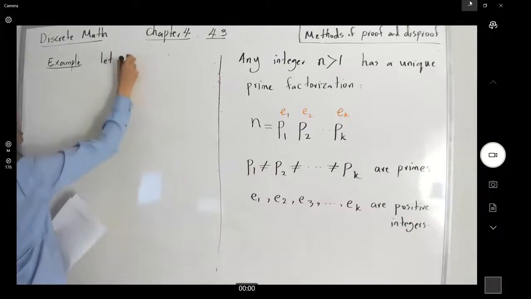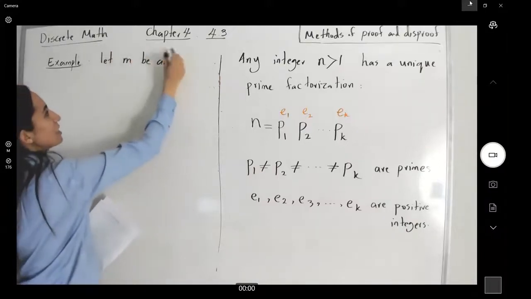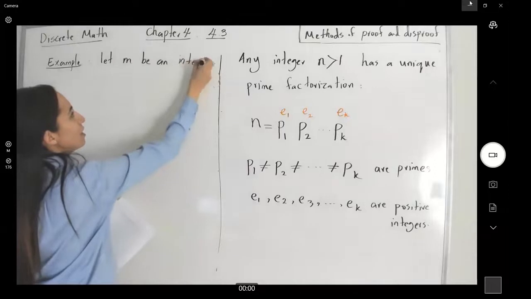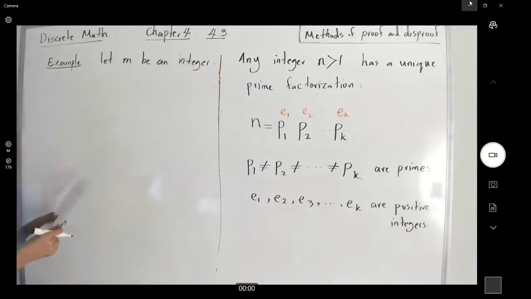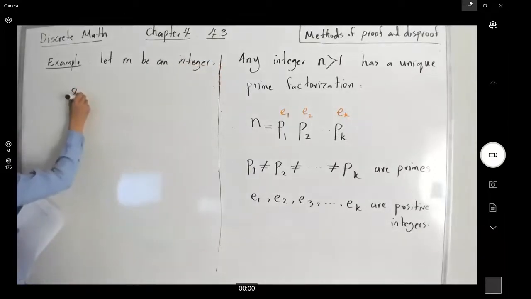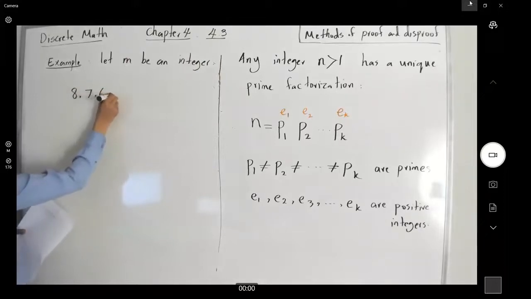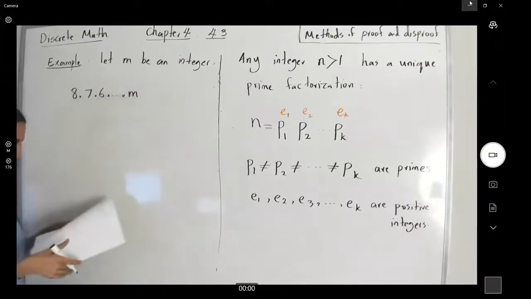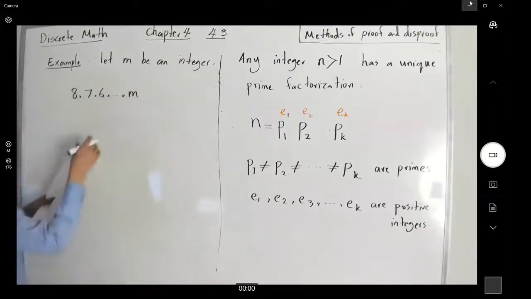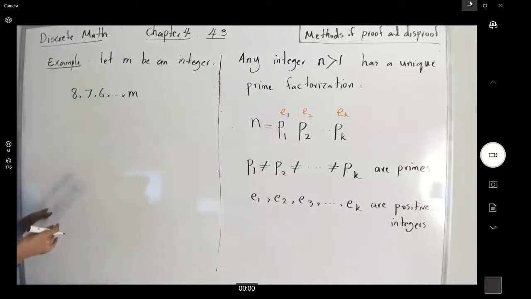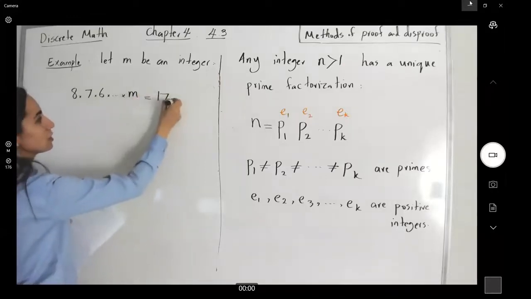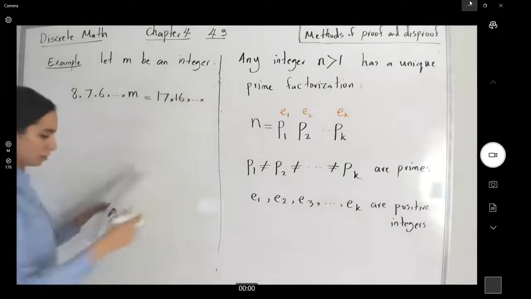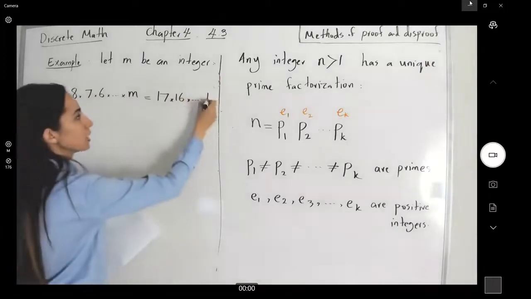Let m be an integer, and 8 times 7 times 6 times m, stop here, is equal to 17 times 16 dot dot dot up to 10.